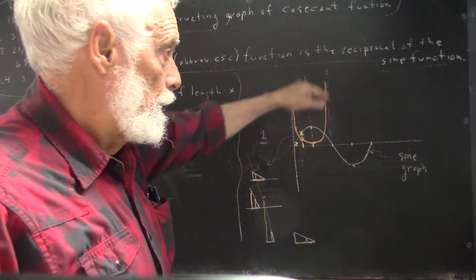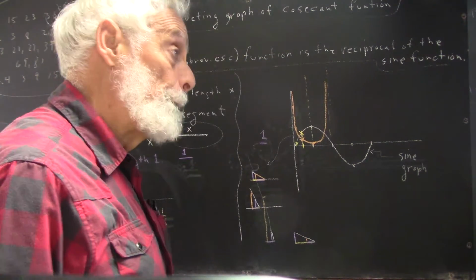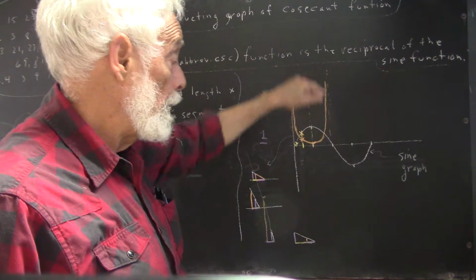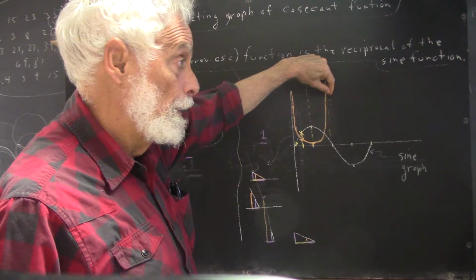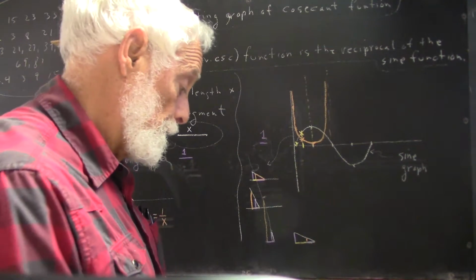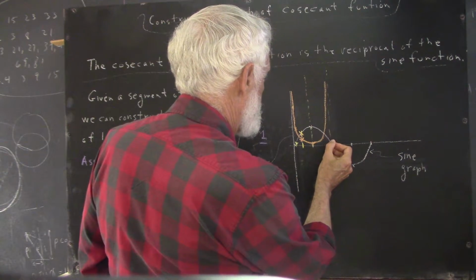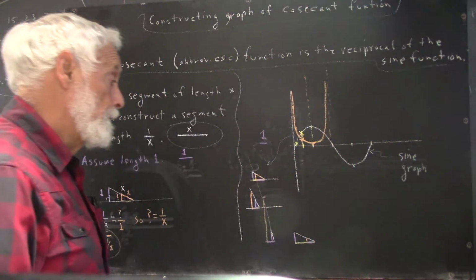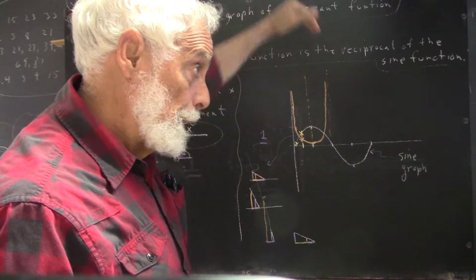So that this portion of the cosecant function, the cosecant graph, is bounded by an asymptote here and an asymptote here. And we can see why this asymptote occurs because, of course, as we get closer and closer to this point, our segments, again, get shorter and shorter. So when we construct the reciprocals, our results will be bigger and bigger.